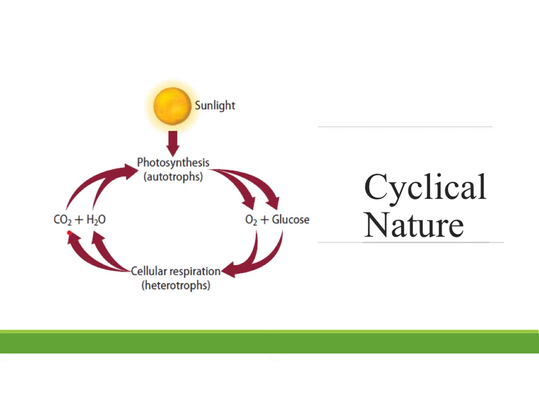Cellular respiration produces carbon dioxide and water, and then the carbon dioxide and water are needed for photosynthesis to take place. Okay. So what I mean by cyclical in nature is the reactants of one reaction make the products of a second reaction. So it just goes around and around in a cycle.